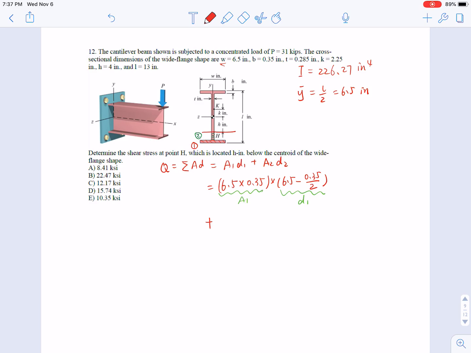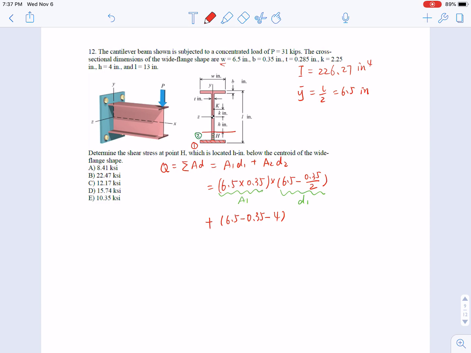The A2 here, this small area, will be 6.5 minus 0.35 minus 4.